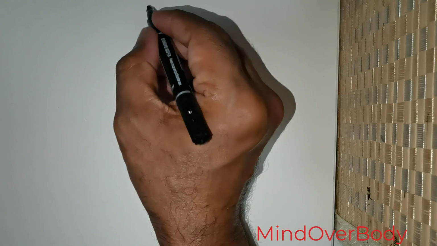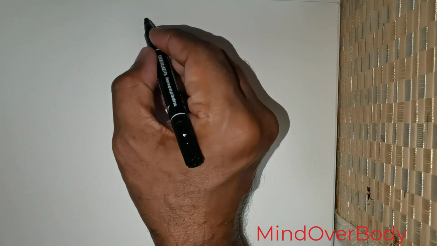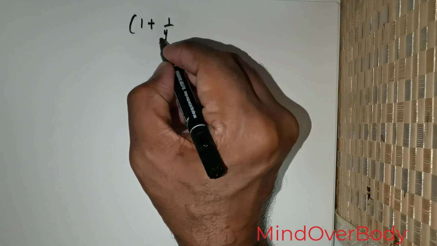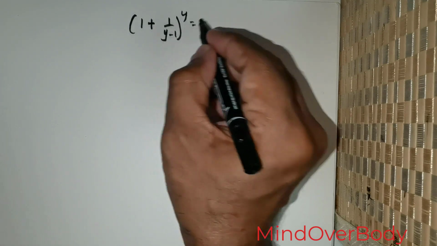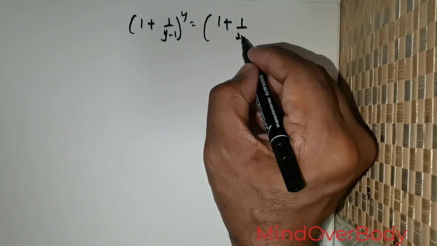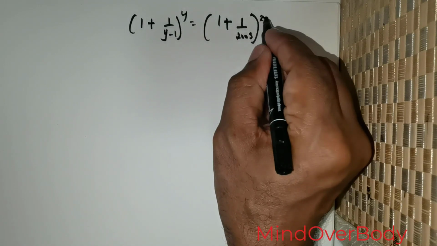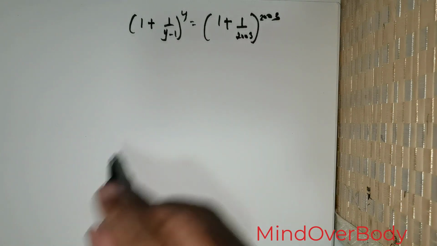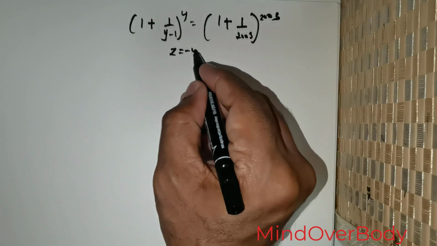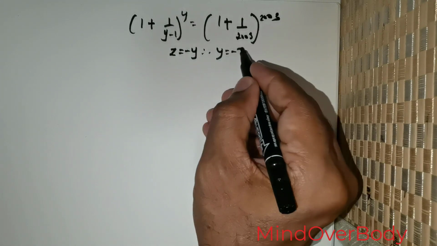So let me go to the next page. What I've got here is (1 + 1/(y - 1)) raised to the power of y on the left side. This is equal to (1 + 1/2003) raised to the power of 2003. Now as I mentioned, I've taken z equal to negative y, therefore y is equal to negative z.